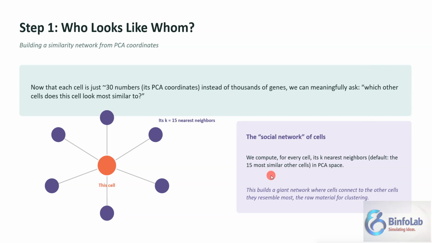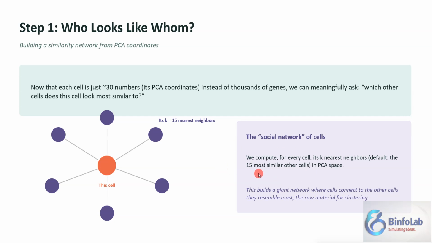We compute this for every cell, and we keep the k value, also called the nearest neighbors, at let's say 15, and we classify the whole PC space, which in our case we assume is 30 PCs, with the default value K15.